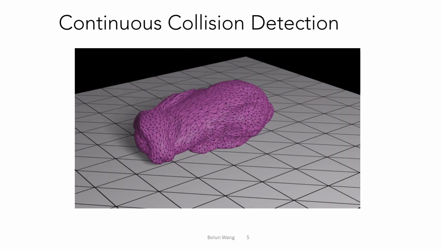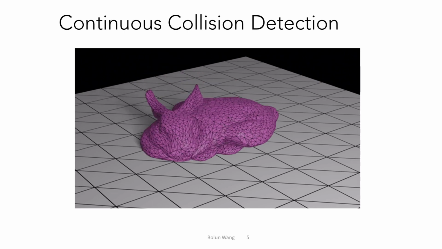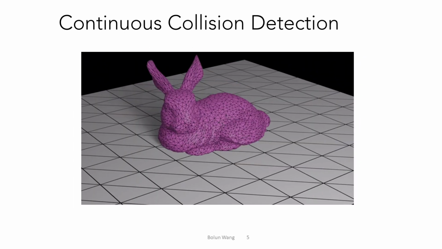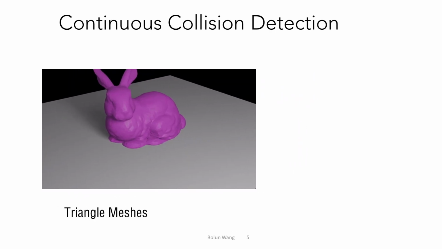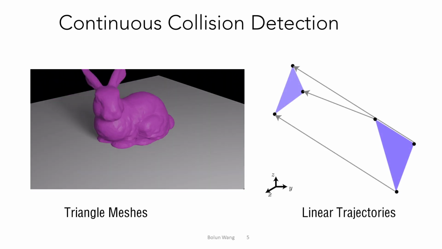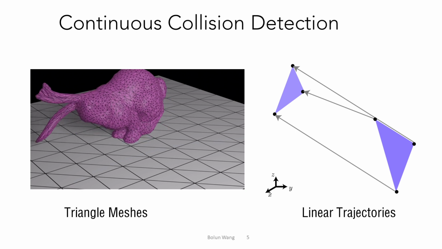To simplify the problem, people usually use two steps of linearization. First, triangle meshes are used to represent the models. Second, assume the vertices of the triangles move along linear trajectories within a time step.